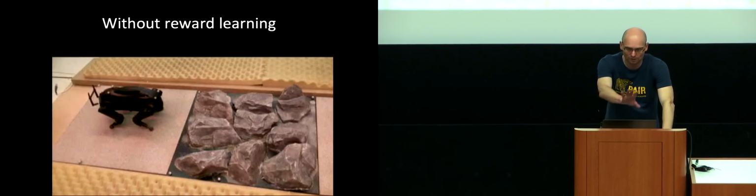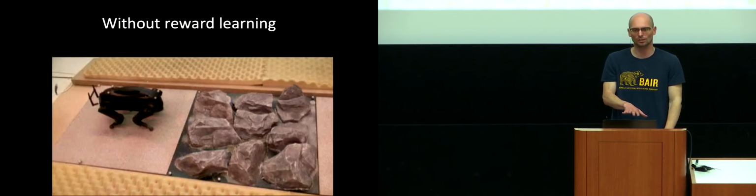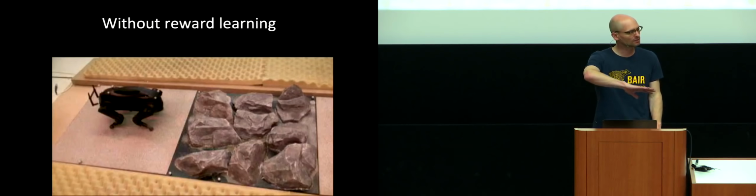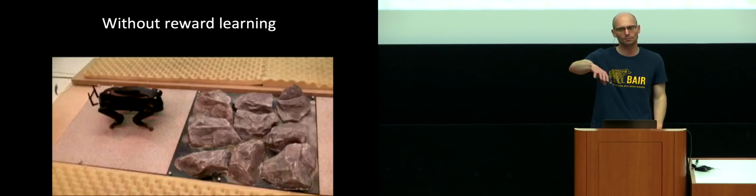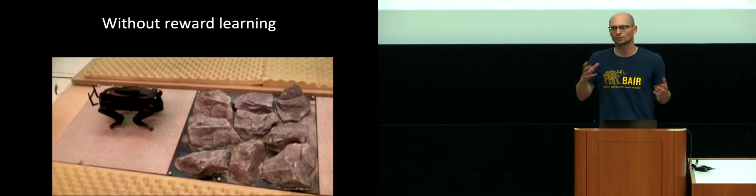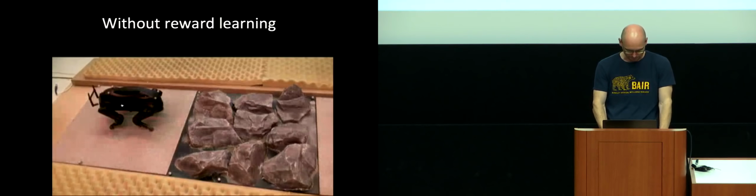So here what we'll watch first is without reward learning. So we said everything is equal reward. It's just about making progress, just as if you're on flat terrain. So it's going to kind of steadily march forward. Let's see what happens.